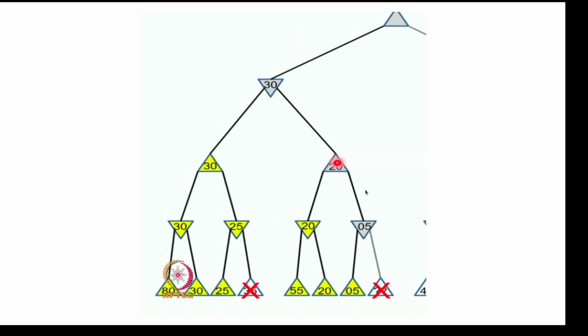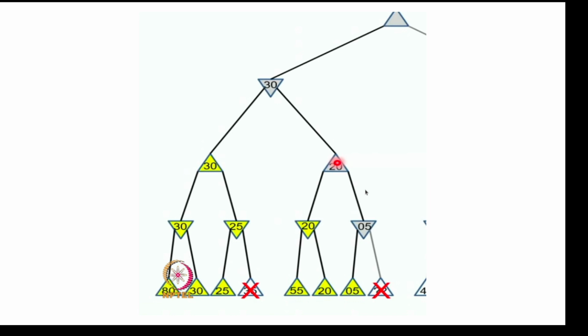So for 25, you see, we check the first left child, we saw this is 25, put it there. Now we have to check it with the 35 and see which one is the minimum and put it there. But do you think we need to see the other node, the right child?